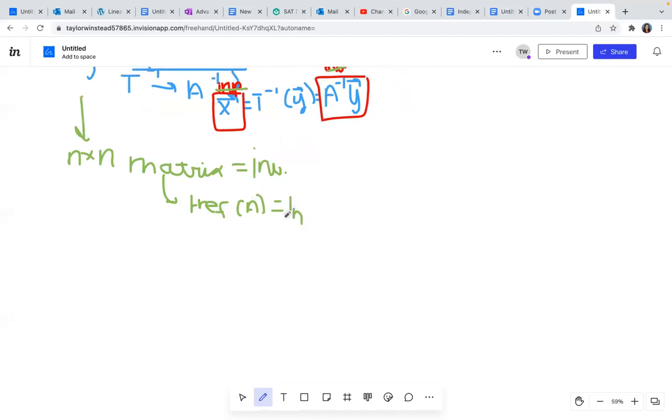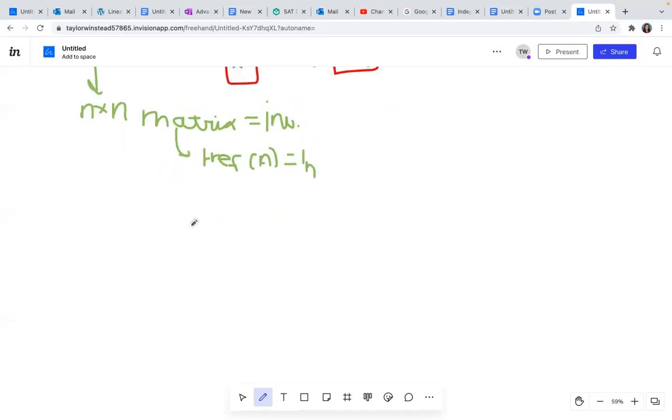So the identity matrix, in other words, what we said, where the reduced row echelon form has the rank being equal to the number of variables, or equal to the number of rows. Or, as I said, rank A equals n.